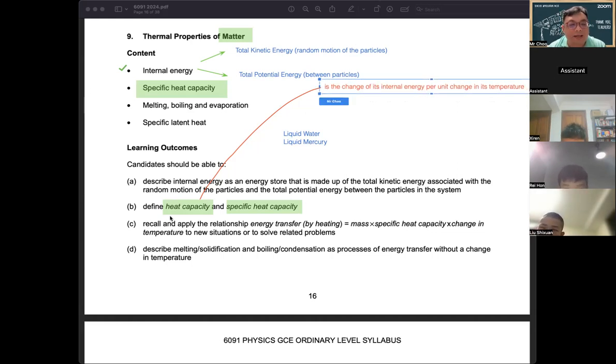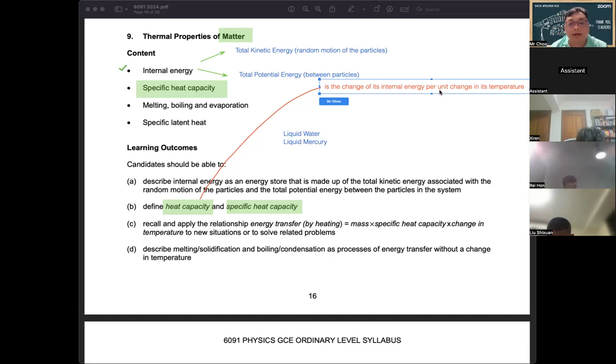Basically, the heat capacity tells you how much energy is needed to increase or decrease its temperature by 1 unit. The 1 unit usually is a Kelvin. The SI unit of temperature is Kelvin, which has the same difference in degrees Celsius.